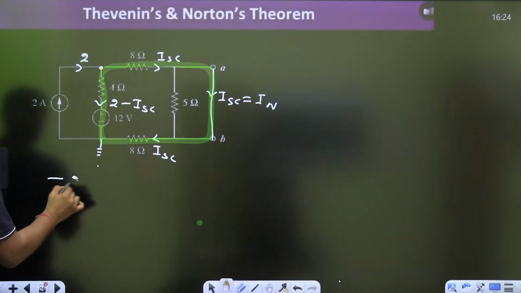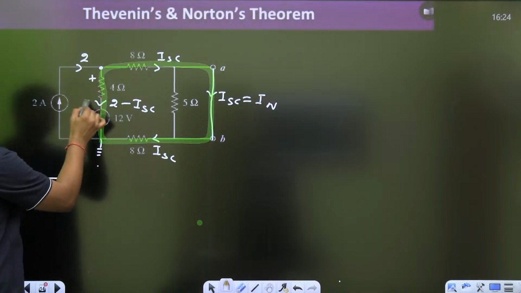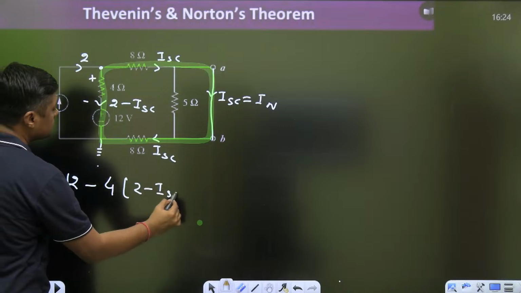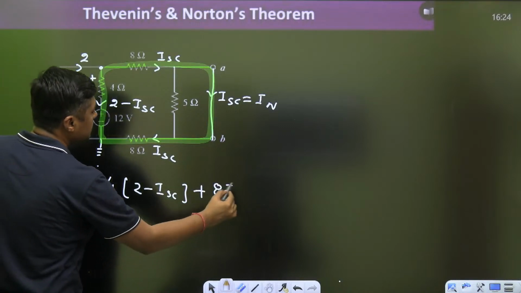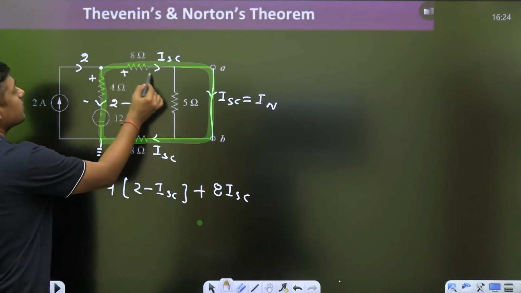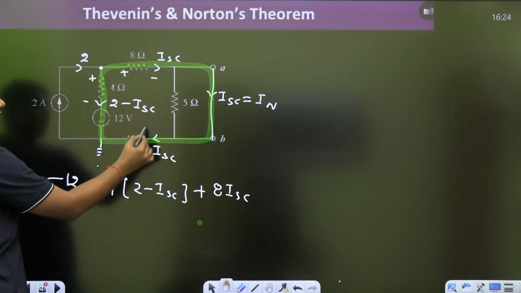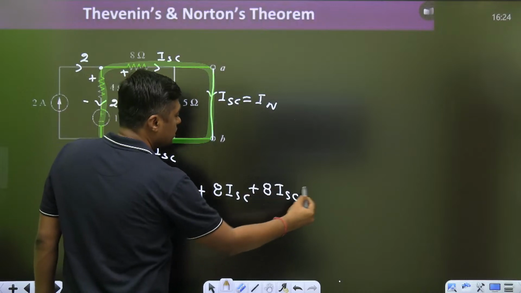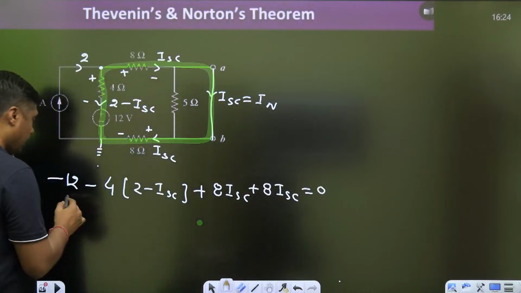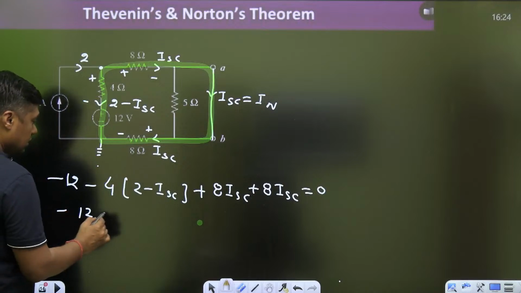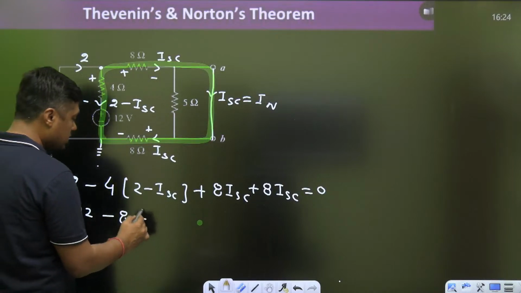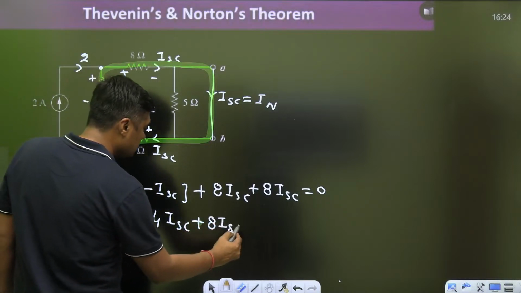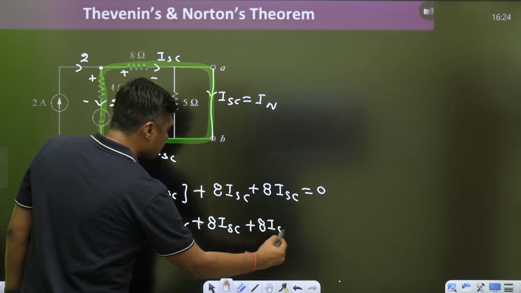Minus 12, this is plus minus 4 times of (2 minus ISC) plus 8 ISC, this is the 8 ISC, this is 0, plus 8 ISC is equal to 0. Now you can write 12 minus 8 plus 4 ISC plus 8 ISC plus 8 ISC is equal to 0.